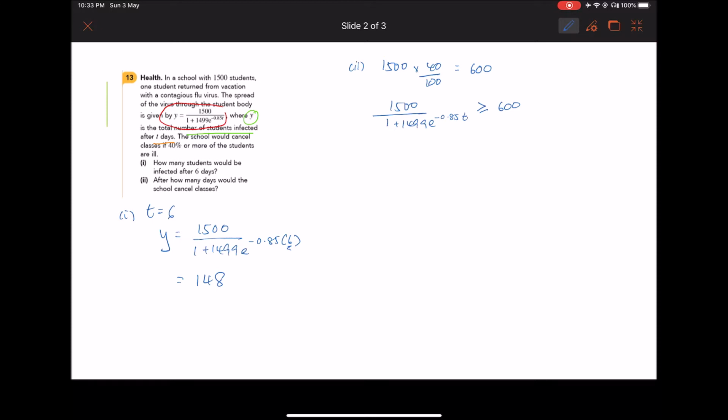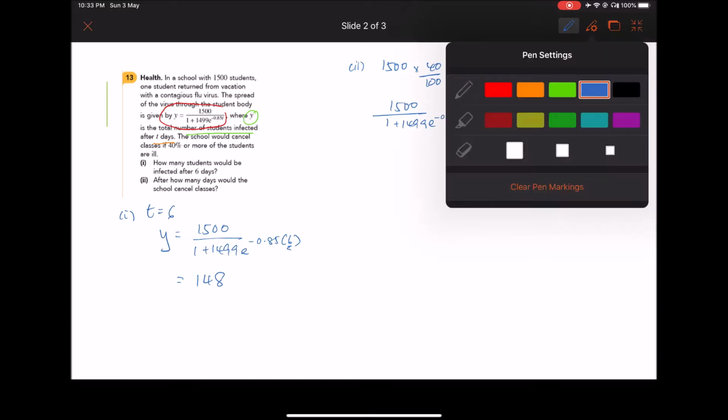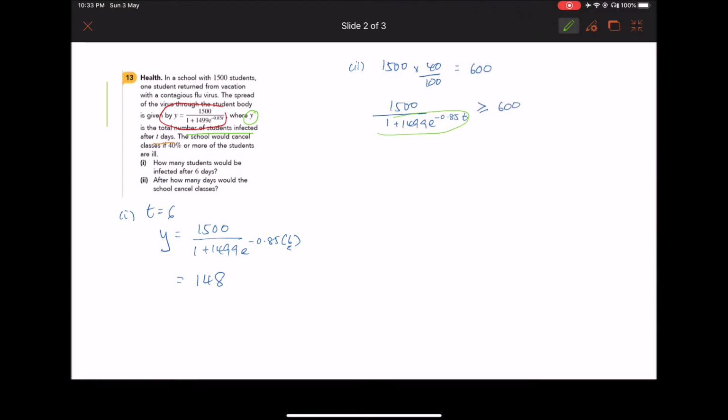I'm going to cross multiply, so in a way I'm multiplying both sides by this. Maybe I just do it step by step. So I will have 1500 greater than or equal to 600 times 1 plus 1499 e to the power negative 0.85 t first.